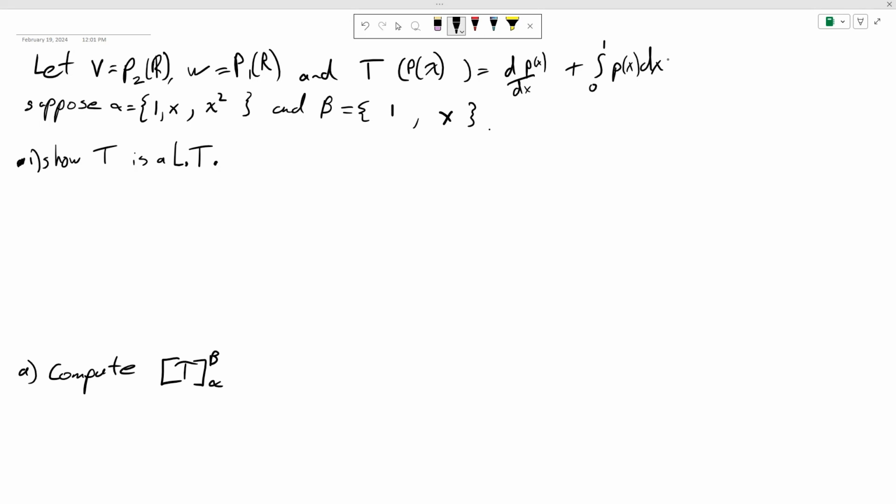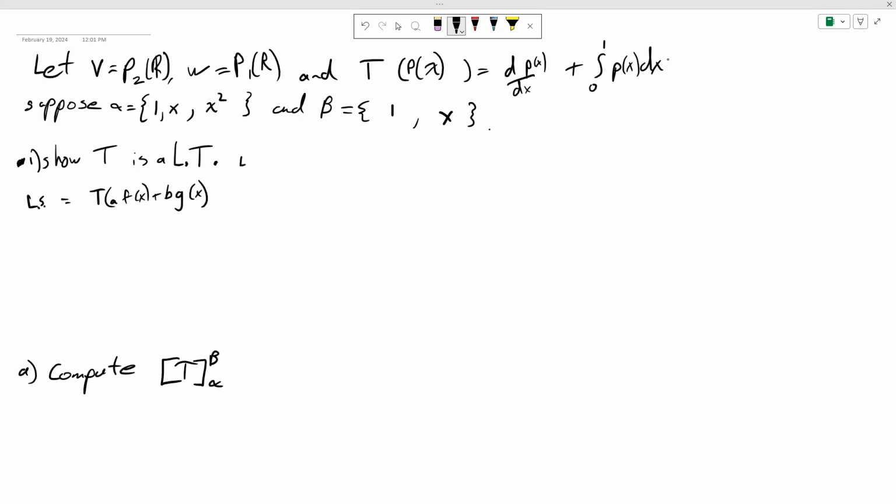To prove it's a linear transformation, the left side is going to be T of A f of x plus B g of x.